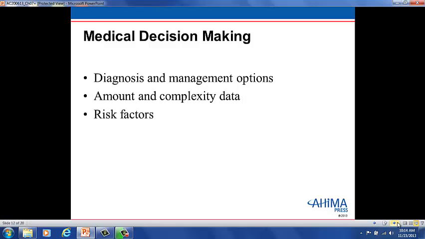He or she would consider complex data and the amount of complex data. This is listed in your book, where you could see what the data could consist of, such as lab reports, tests, and so forth, and old records, new records, things like that. And then the risk factor that the physician would have to take into consideration in treating this patient.